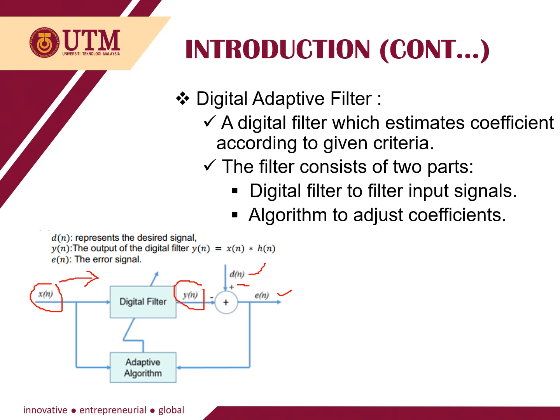Then the error signal will drive the adaptive algorithm. The adaptive algorithm we use in this project is the LMS algorithm, which I will explain in the next part. This algorithm will generate the filter coefficients to minimize the error signal produced in order to get a result close to the desired signal.